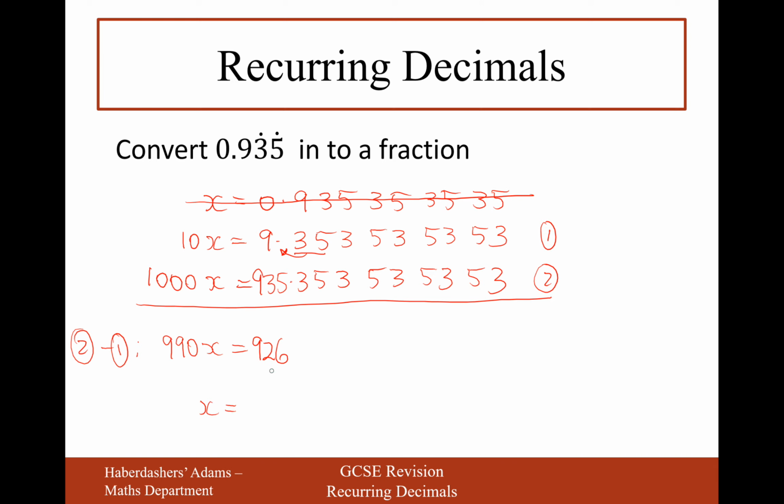So then we need to do 926 divided by that 990, and I'm sure this cancels down, but I don't have a calculator on me at the moment, so whatever that cancels down to is the final answer. So there we are. Sometimes you'll have to notice that when you want to bump it up 2 places, all these digits in the decimals, it's good to multiply by 100, because then that will boost it up by 2 positions in the number system.